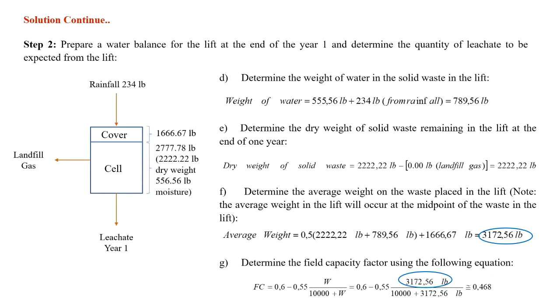And with this way, the average weight of waste is estimated as 3,172.6 pounds. And then if we put this value into the field capacity equation, that is also given in your lecture notes, we can find the field capacity as 0.4068.